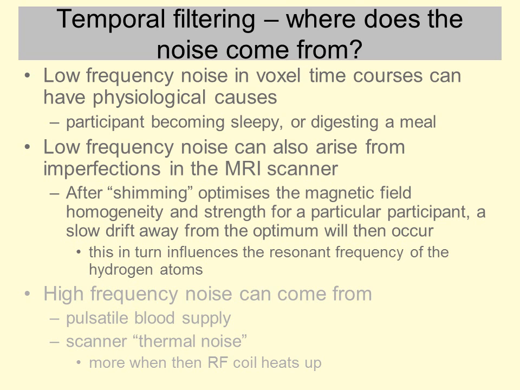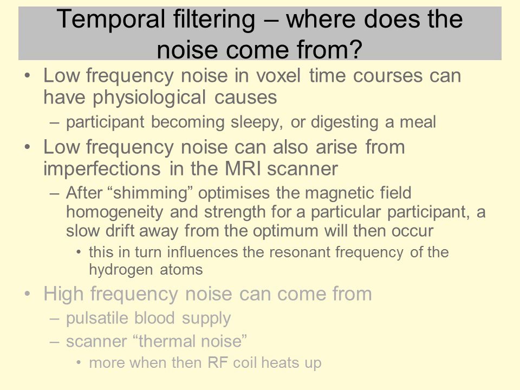But low frequency noise can also arise from the physics of the MRI scanner, and one way that can happen, if we think about a process called shimming, which is something we do once we've put our participant's head into the middle of the magnetic field, we shim in order to optimize the homogeneity of that magnetic field.